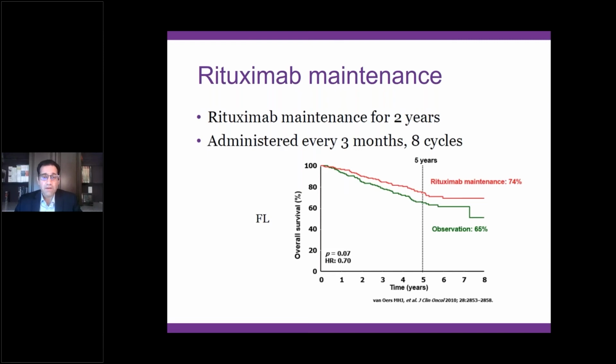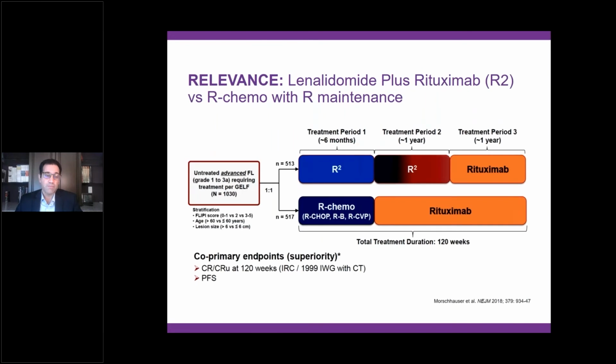There is another treatment that came recently, called R squared, where the first R is Revlimid, which is another name for lenalidomide, plus rituximab, without chemotherapy.